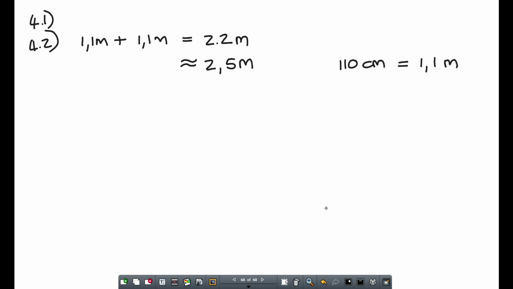Any questions there? Then the last one, 4.3, they're saying, part C is the band that comes around the middle of the apron. Which one of part A or part B will be the front of the apron and why? Okay, now, if you look at A and B, it looks more or less the same.